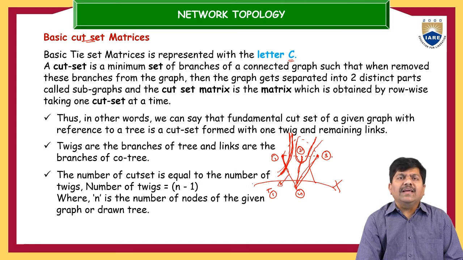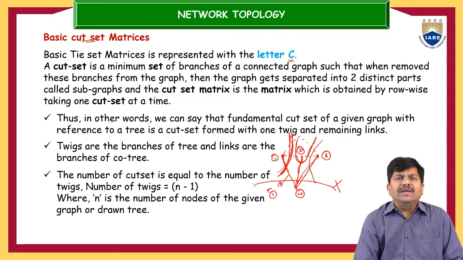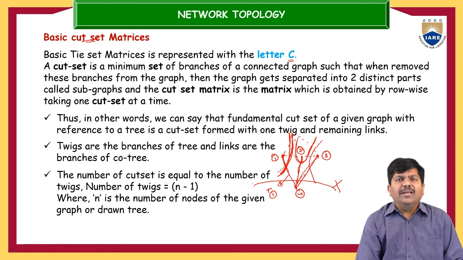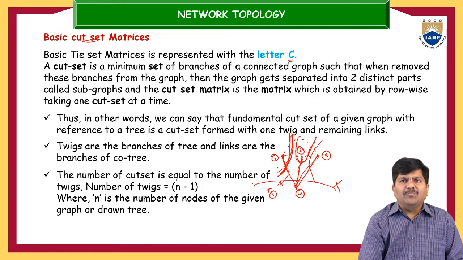You can do it in another manner, but that won't be a basic cut set. So, a basic cut set means you have to divide the graph in order to isolate one of the nodes, and you have to divide that graph into two parts through a twig. That is very, very important here.